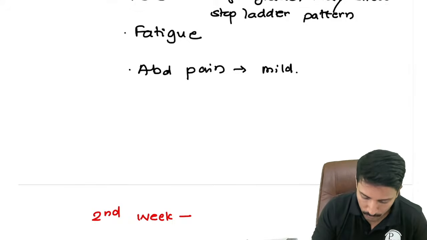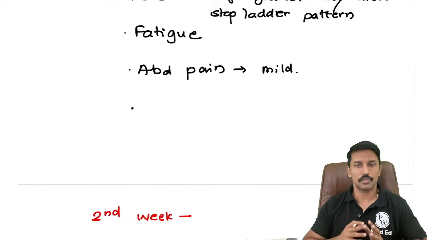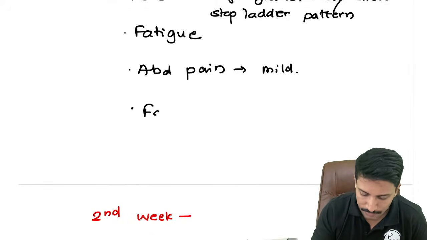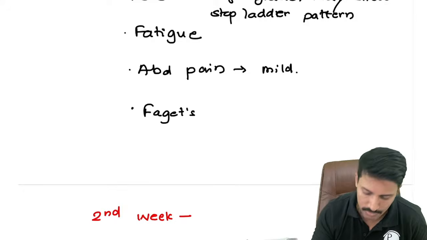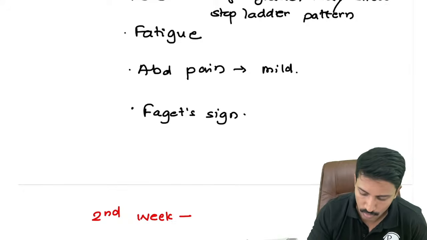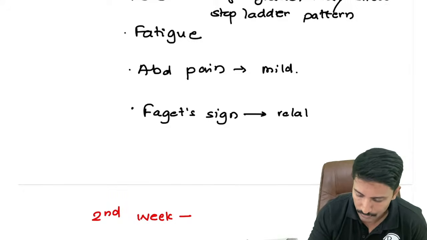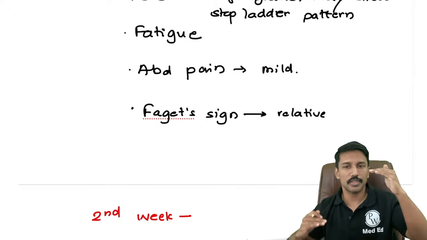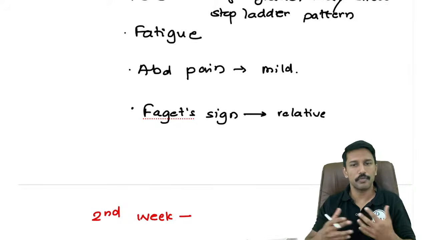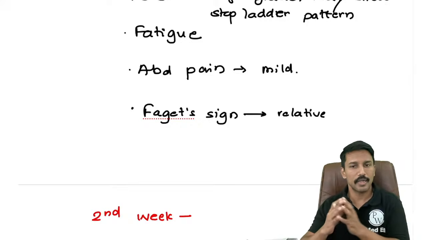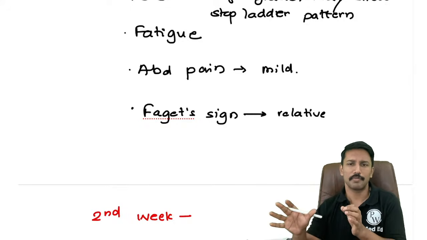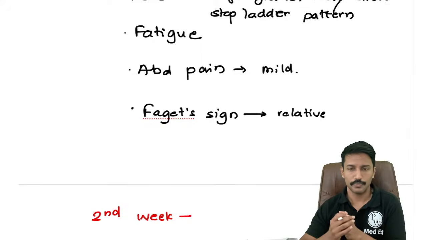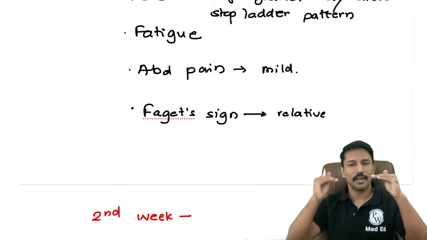In the first week, once upon a time, we used to have a diagnostic clue called Faget sign. So what is this Faget sign? Faget sign refers to relative bradycardia. Now, what do I mean by that? Generally, when body temperature increases, there will be a proportionate increase in the heart rate, right? Whenever we have fever, we have tachycardia. But in patients with typhoid and also some other infections like Q fever, a proportionate increase in the heart rate doesn't happen.